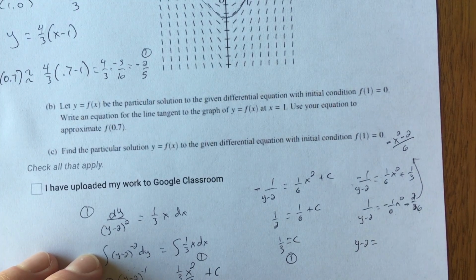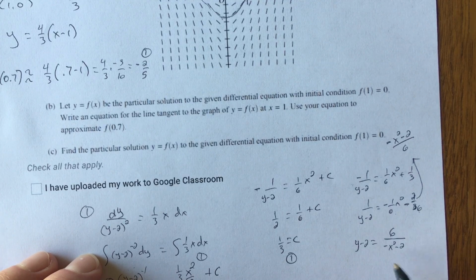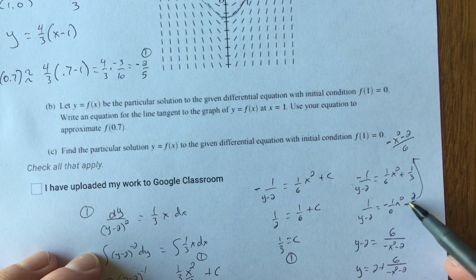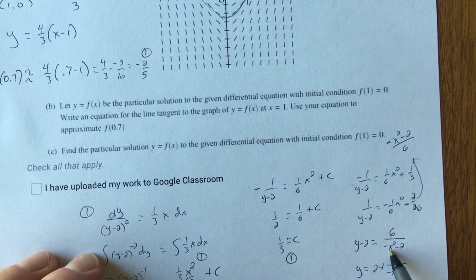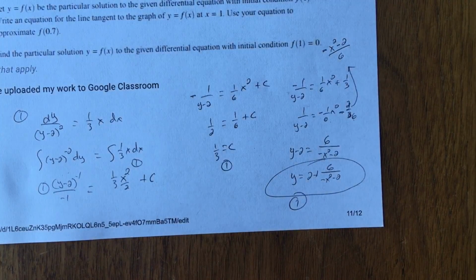And then when it flips over, it becomes 6 over (-x squared minus 2). At that point, we'll bring the 2 over. So y equals 2 plus 6 over (-x squared minus 2). Again, if you had it looking a little more complicated, you still get the point. But that's our final answer.